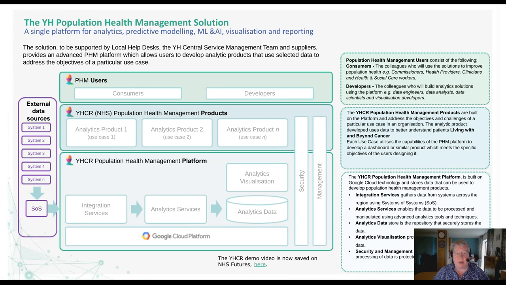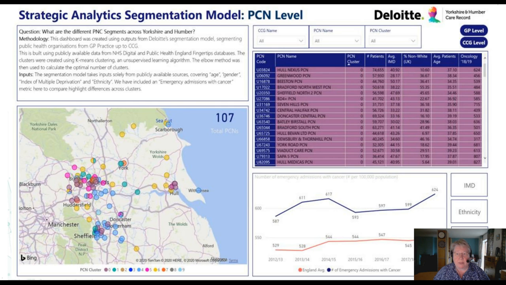At the top level, I've talked about the developers, those NHS and social care staff who are the experts. And then the consumers of this are commissioners, health providers, clinicians, and health and social care workers. These are the types of outputs and visualizations that we had.